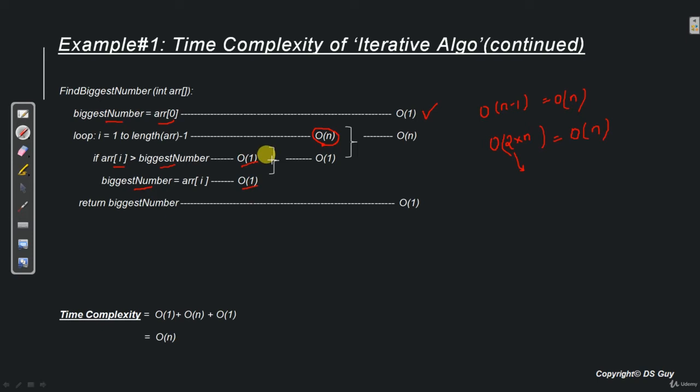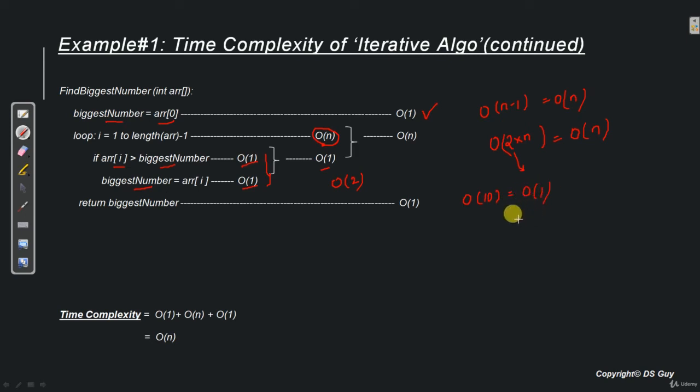If we add both of these, you might say it will be order of 2, because it is order of 1 plus order of 1. But again the rules remain the same. If we have a constant value, we can always put it as 1. What that means is, if we have order of, let's say, 20 or 10, we can say it as order of 1.